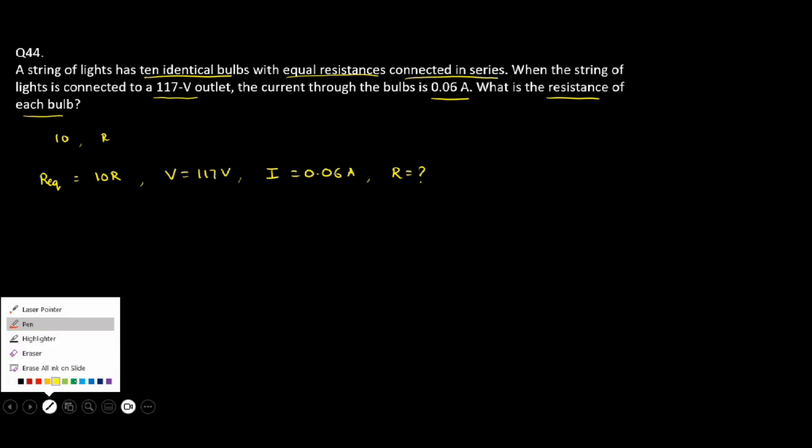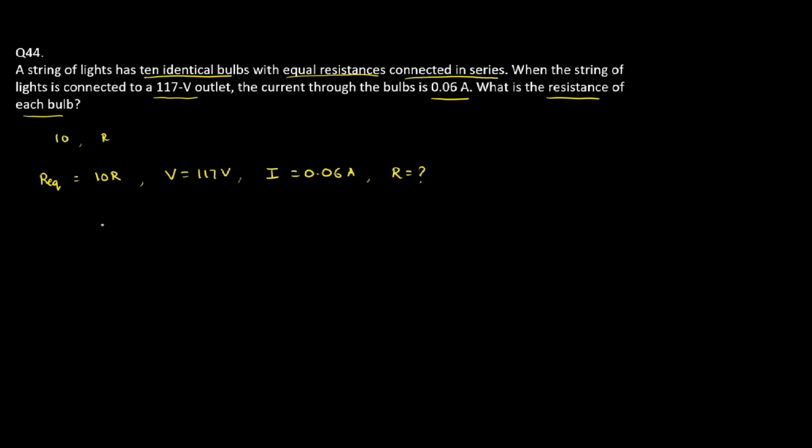So we use the rule for R. We know that R equals V over I. So I'm going to write this as R equivalent. Now let's substitute. R equivalent, which is 10 times R, equals V, which is 117, over I. I want to find the resistance R here.